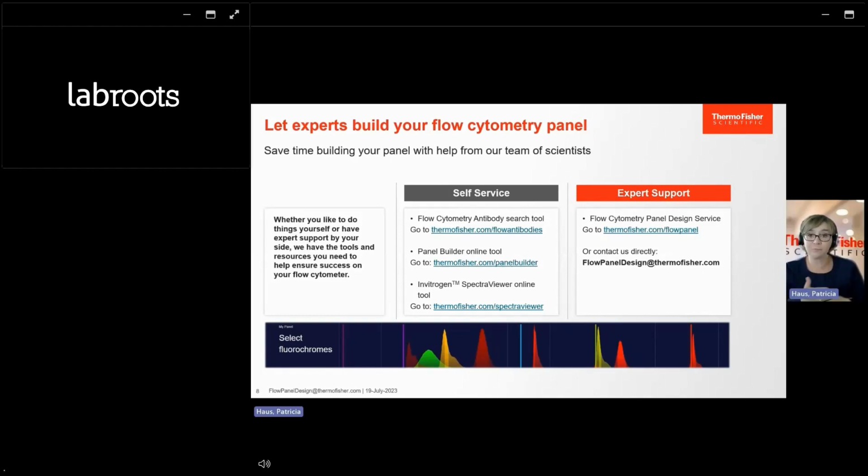This allows you to see what your design looks like. And if you're, let's say, not 100% familiar with some of the dyes, then we offer our Spectra Viewer tool. All those tools will make it easier to see the properties of your conjugate, but also give you easy access to the corresponding products.